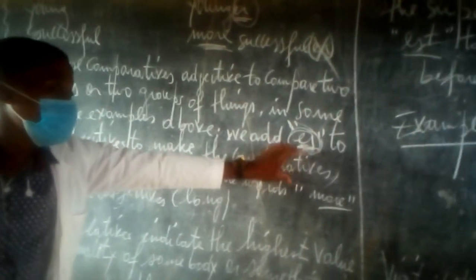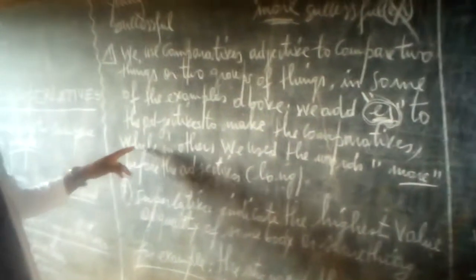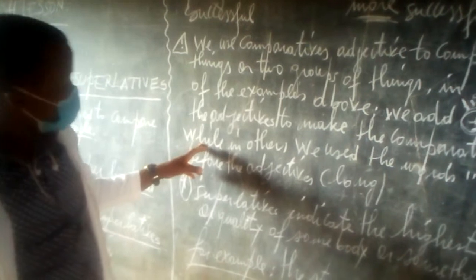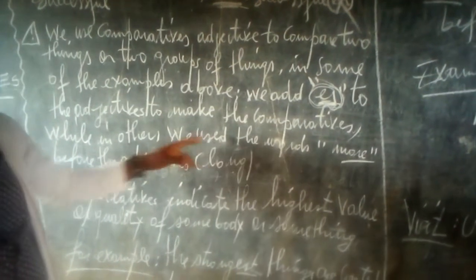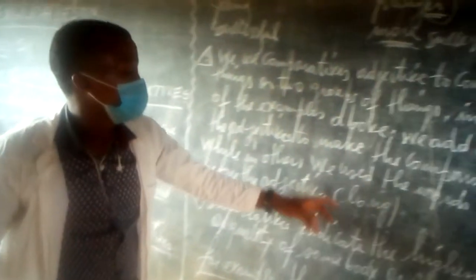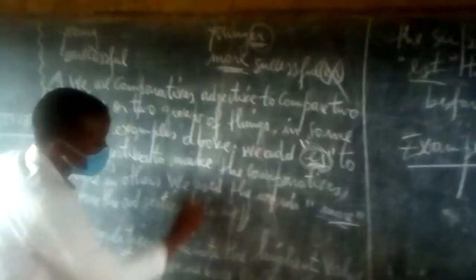You can use those forms to compare one noun to another noun, one thing to another thing, and one person to another person. Whereas in others, we use the word more before the adjective.